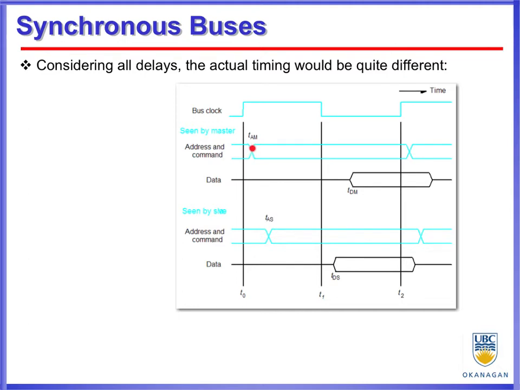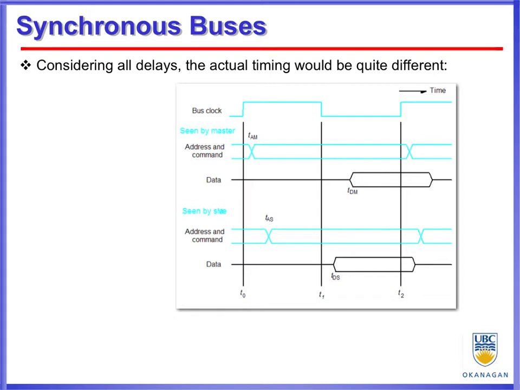So for instance, if this is when the command and address signals are changed by the master, or are seen on the bus from the point of view of the master, it takes a little bit of time, this difference in time, before that same transition is seen by the slave, right? So that's basically the propagation time.